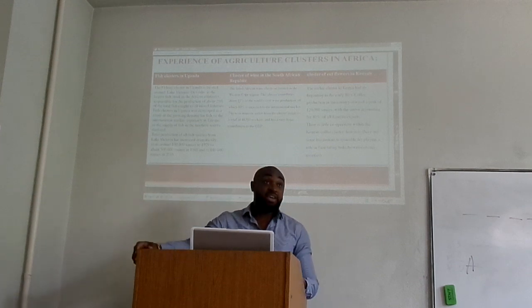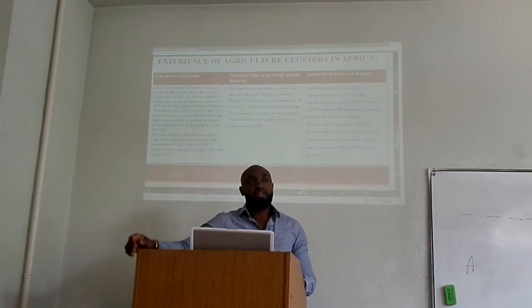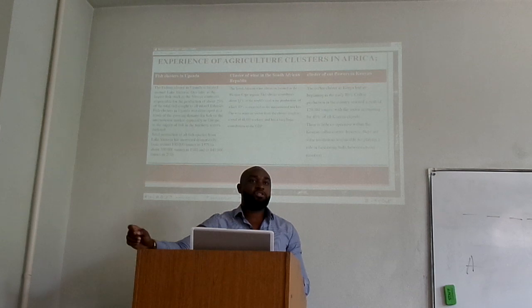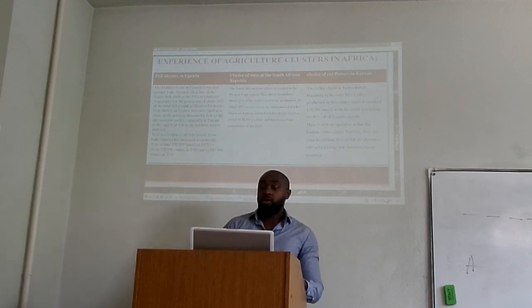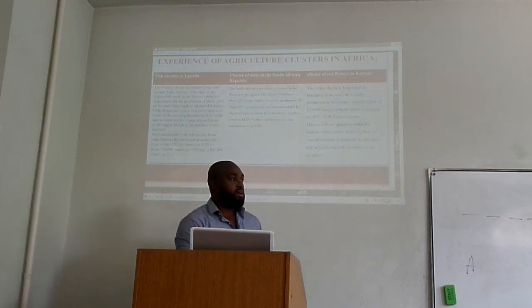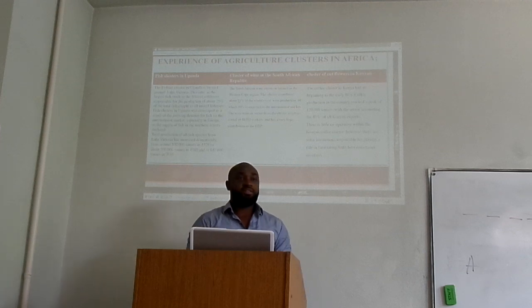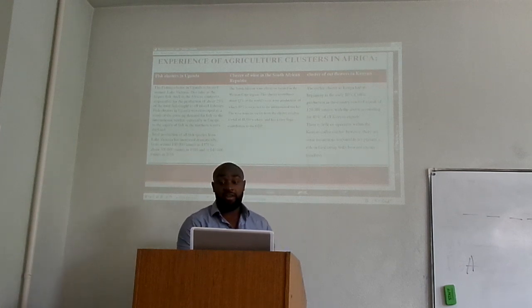This cluster is the biggest cluster in Africa and is responsible for supplying 11% of all wine on the international market, and it employs more than 40,000 people. The second cluster is the Poko cluster in Kenya. This cluster is the oldest cluster on the African continent, and it's responsible for 40% of all exports from Kenya.